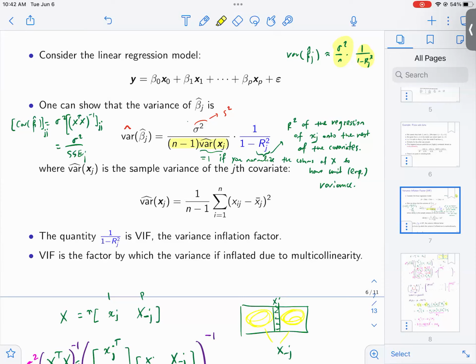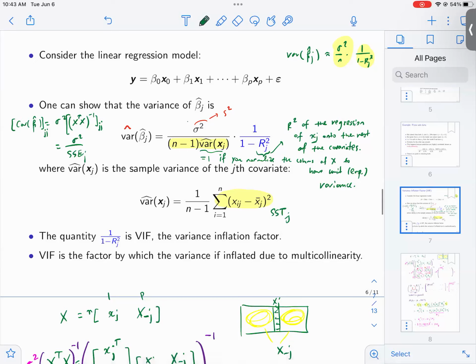So if you think of this as the jth column, this is basically how you calculate the SST: you look at the y, you subtract the mean, square things, and that would be the SST. So this is the SST in that regression when you regress xj onto the others. You can say this is SSTJ.